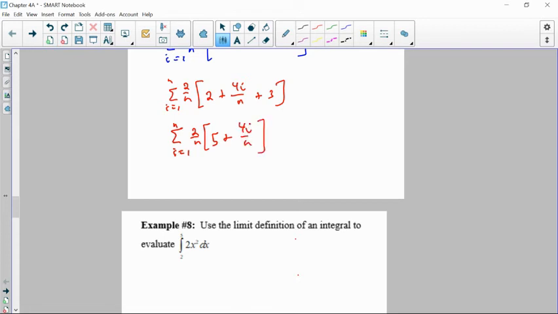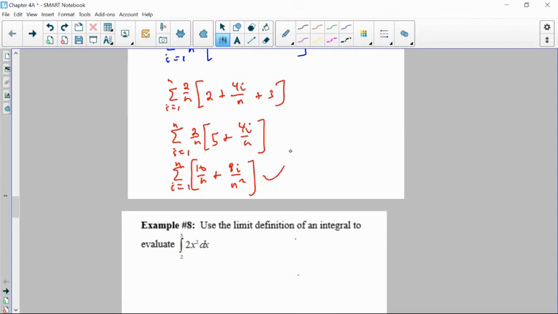And if we want to distribute that 2 over n into this, we could, so that's 10 over n plus 8i over n squared. So we know how to simplify this. We know that n is just a constant and that i is our counter.